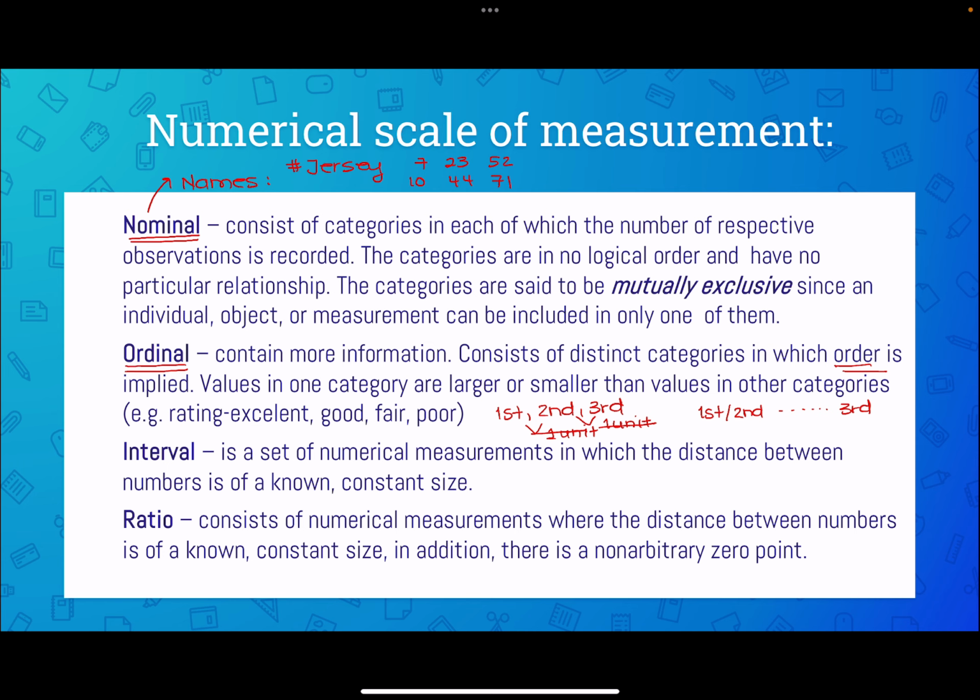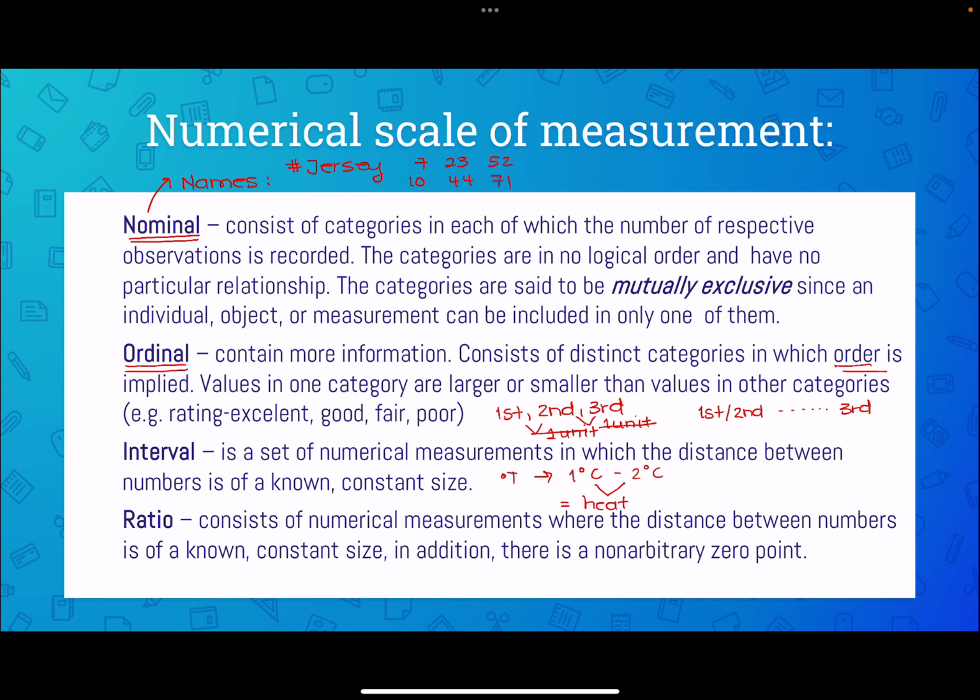Then we have interval and ratio. An interval variable is all the numerical measurements. The distance is of a known constant size. For example, temperature. So in 1 degree or 2 degrees, the amount of heat here is the same.